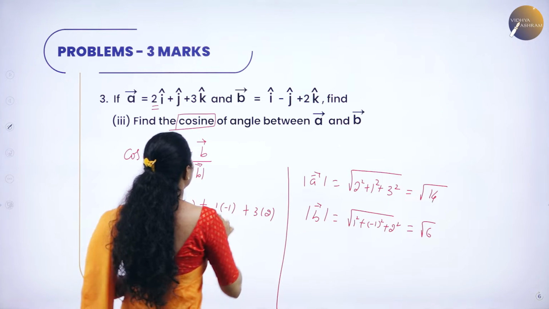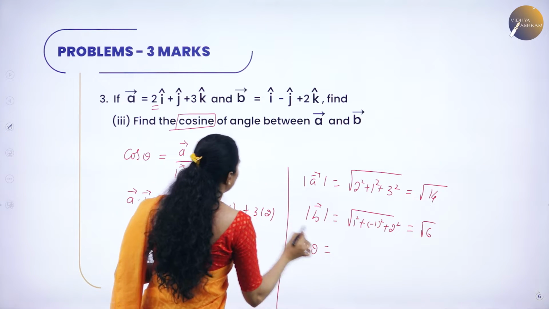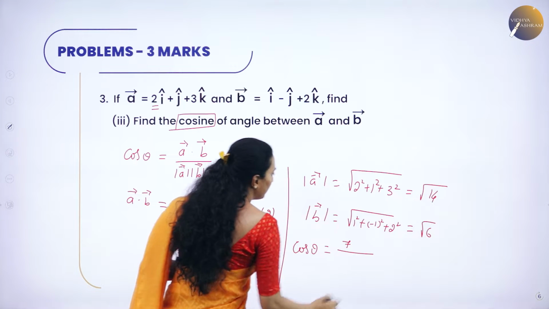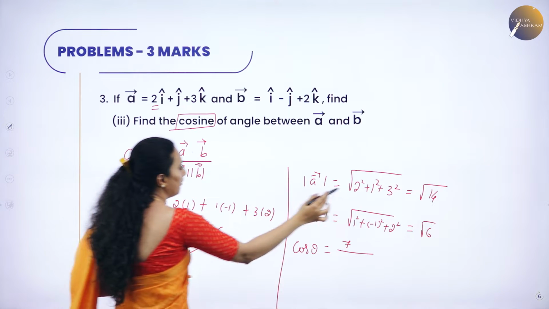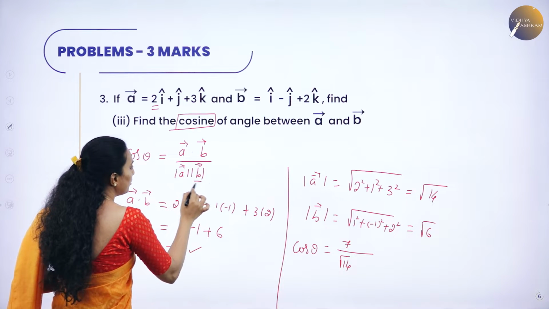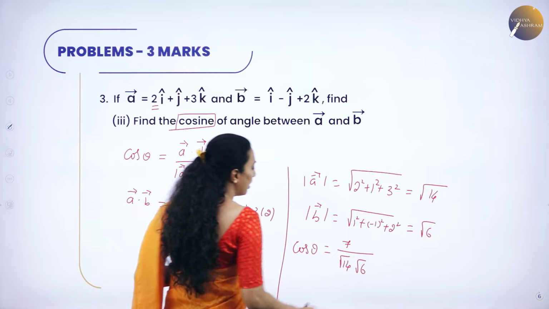Let us substitute here. cos theta will be equal to a dot b, which is 7, divided by the magnitude of a, root 14, into the magnitude of b, root 6. Okay, so this is your answer.